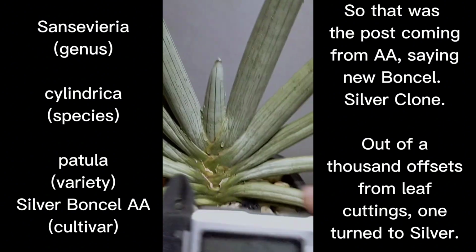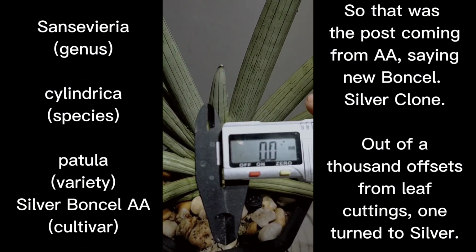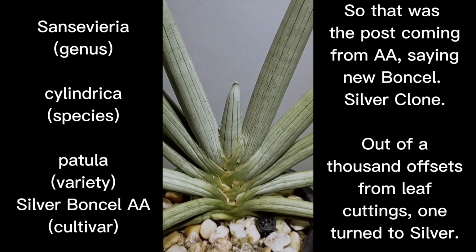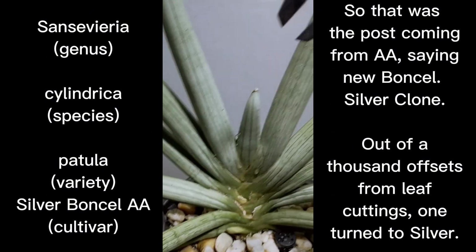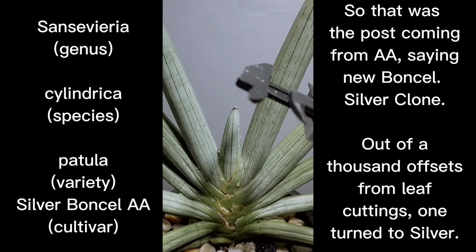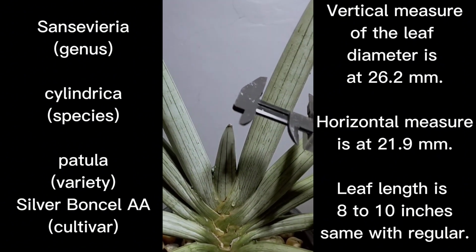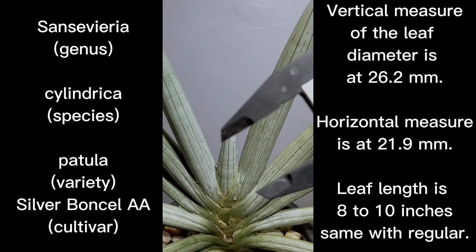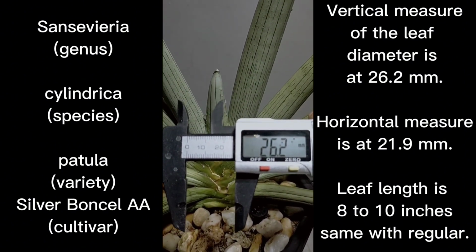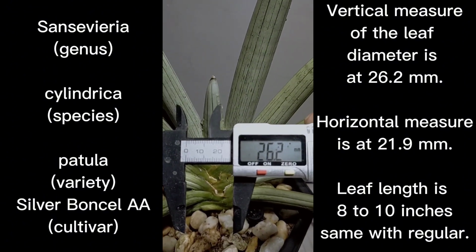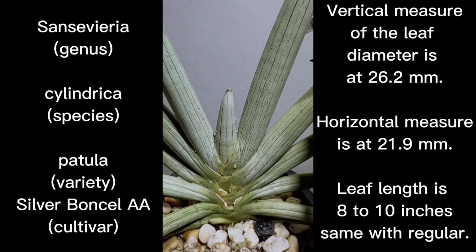We actually have our trusty tool here to measure the cylindrical leaf of it, and again, the horizontal or the vertical measure of it, like I always say, will be thicker. So this is the vertical measure. It's 26.2 millimeters, and then the horizontal will be thinner.